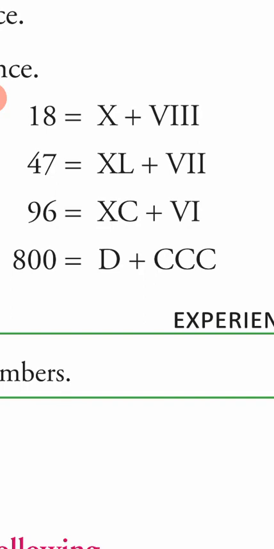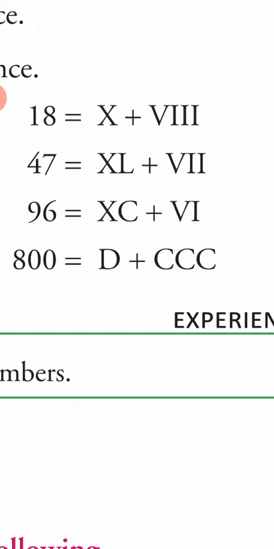Here we have 18, and 18 means 10 plus 8, 47, 40 plus 7, 96, XC plus 6, where XC is representing 90, because we have subtracted the value of the smaller symbol from the bigger one, right?